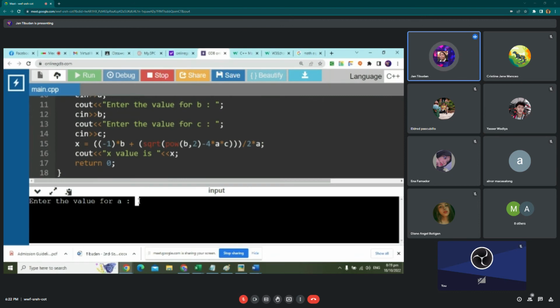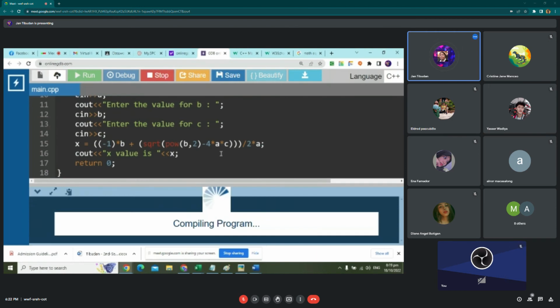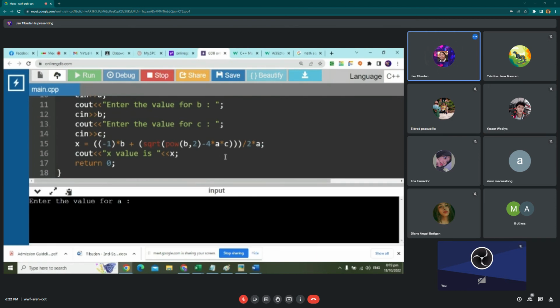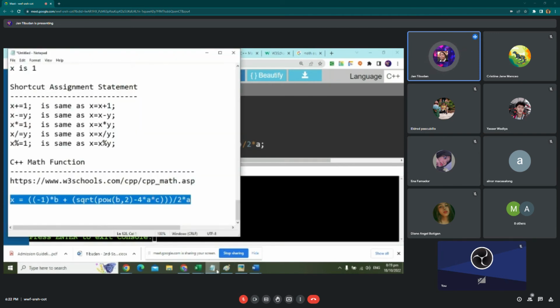So, for example, let's say 1. Ay, balik class kay na-off akong numeric keypad. So, 1, 2, 3. Okay. So, dili niya pwede dawaton ang imuhang value. Kaya kung imo ning i-solve class, manual ni nimo.